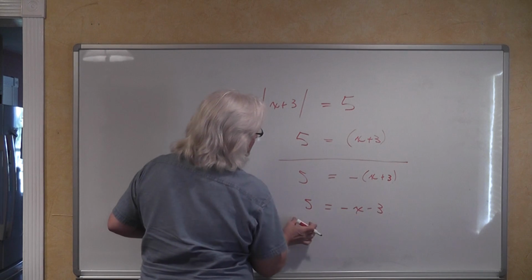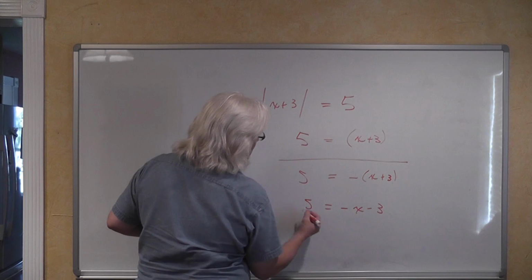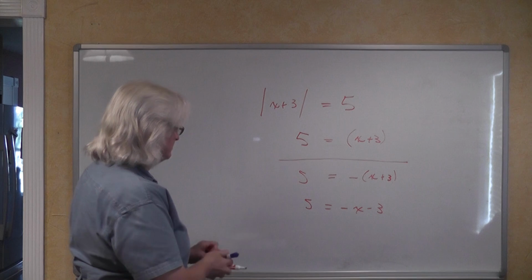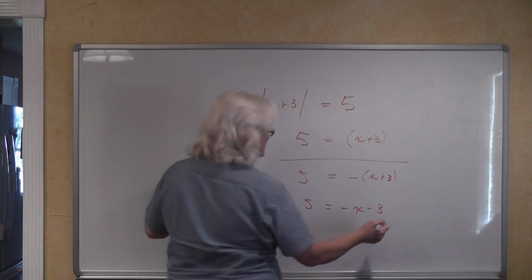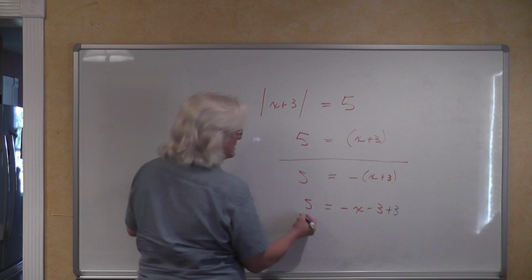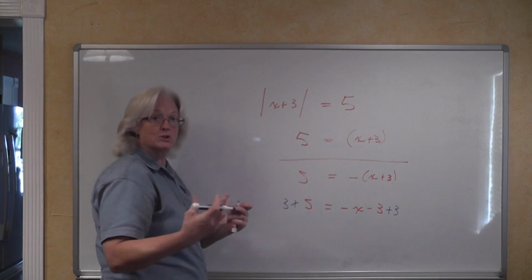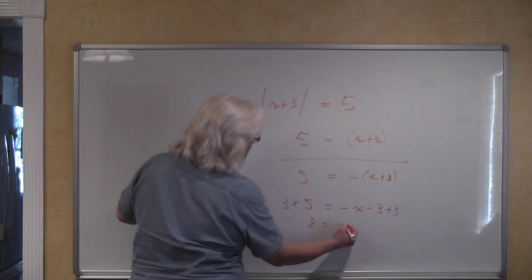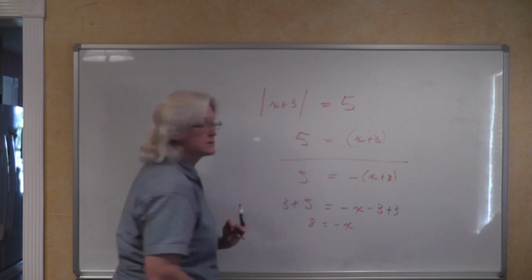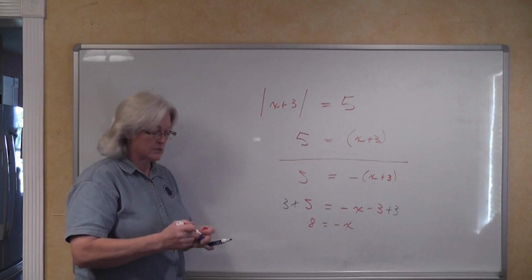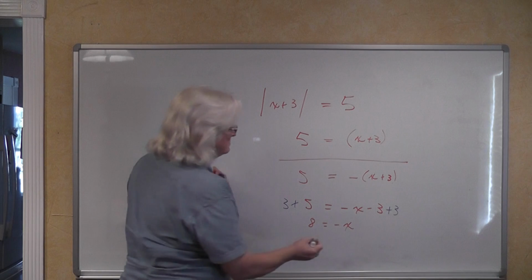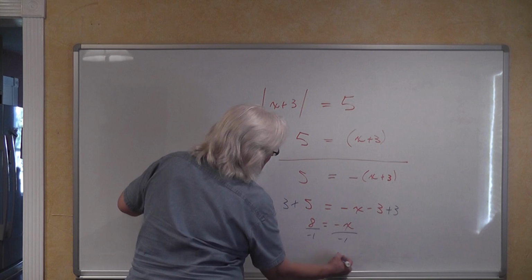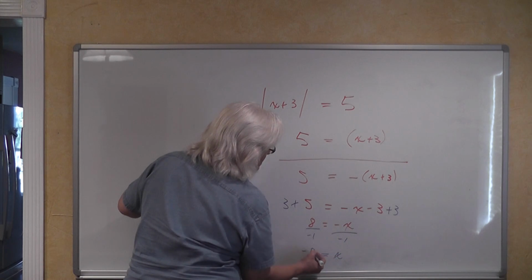We're going to add a 3 to both sides of our equation to keep our equations in balance, right? So we have 8 is equal to the opposite of x. Now we're going to divide both sides by -1, and we have x is equal to -8.